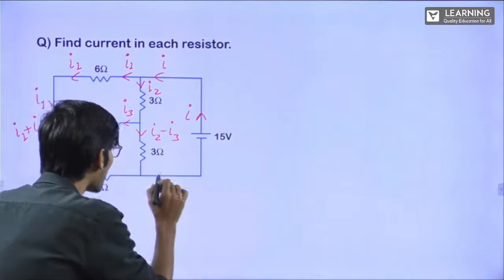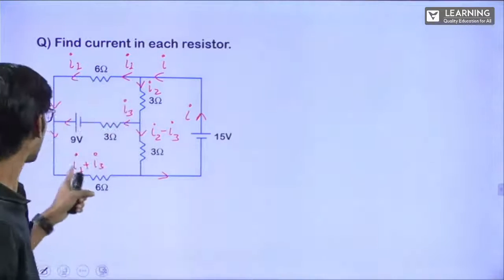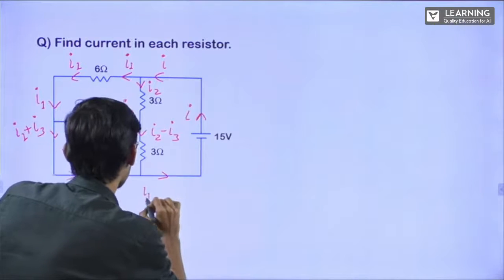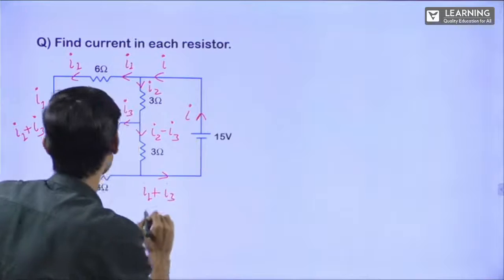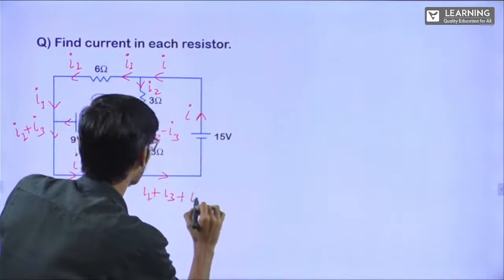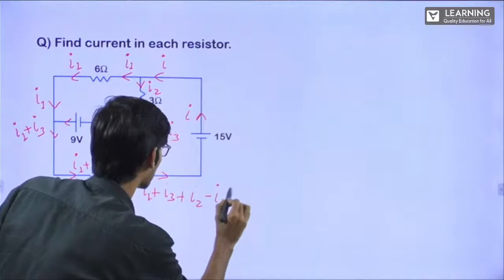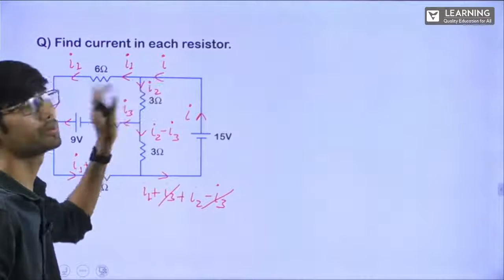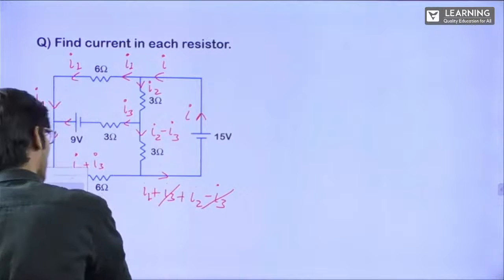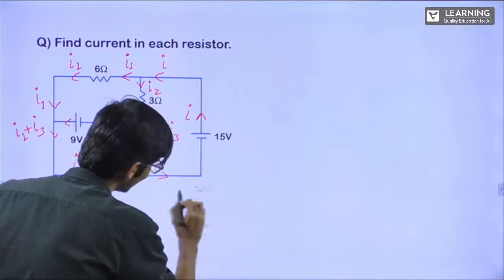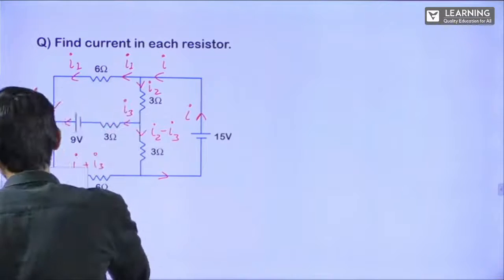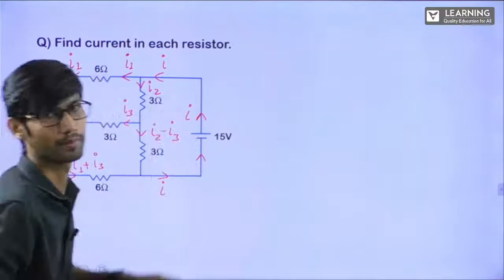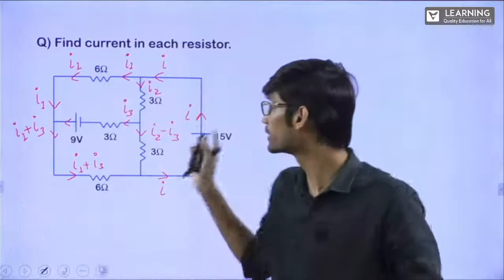From here, see how much we got: I1 plus I3 plus I2 minus I3, which is I1 plus I2. It is I only. I was distributed as I1 plus I2, right? So at the end, whatever current was drawn from the battery, the same current has to enter the battery. So I was drawn, I will enter. Clear? So this will be the distribution of current.